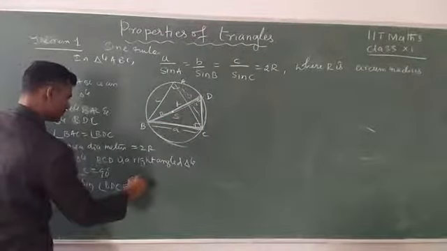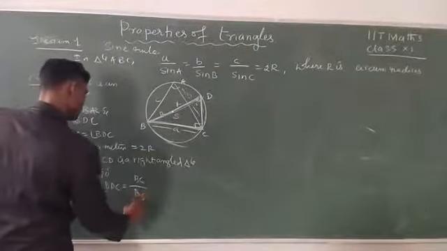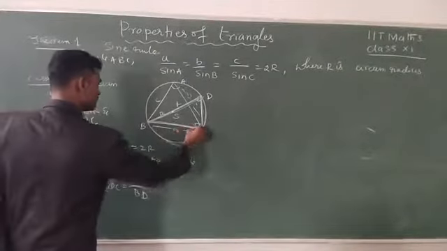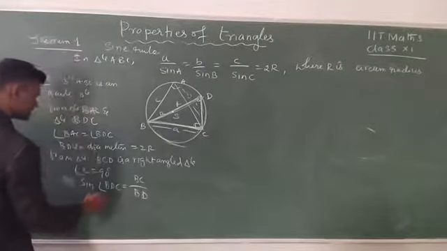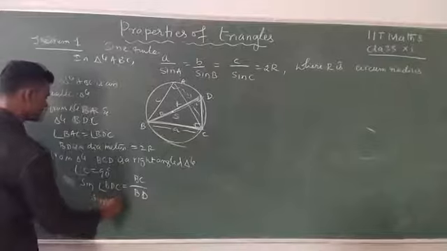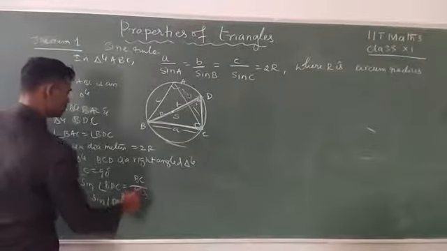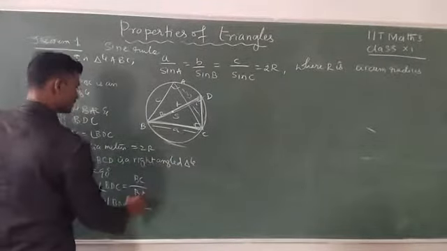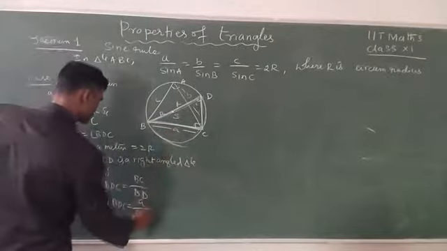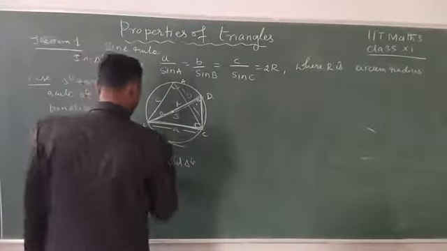Then BC by BD. What is the value of BC? This is A, and BD is equal to 2R. Now cross multiply.